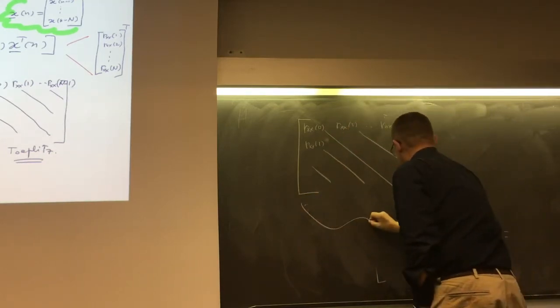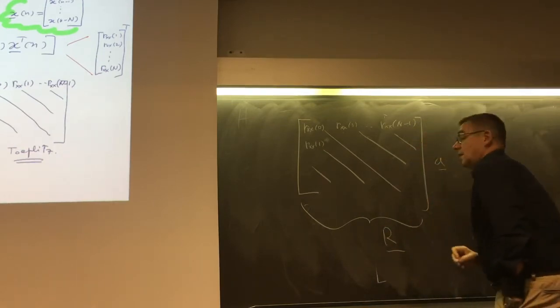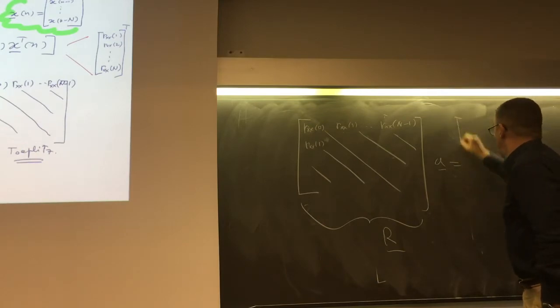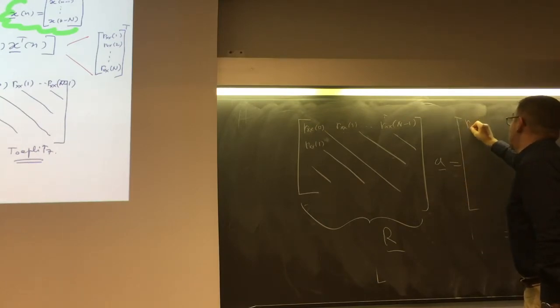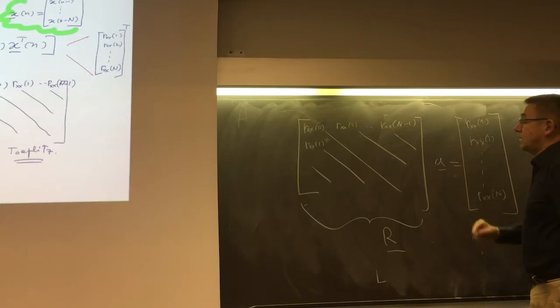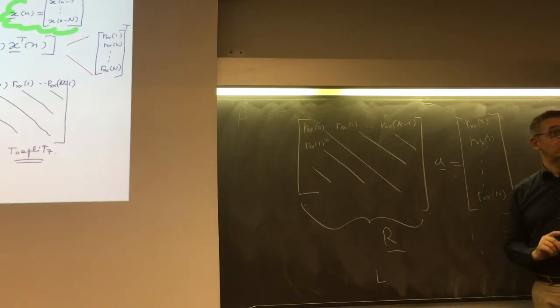That's the matrix R. The linear predictor coefficient vector is equal to Rxx1, Rxx2, up to RxxN. That is the optimum linear predictor.